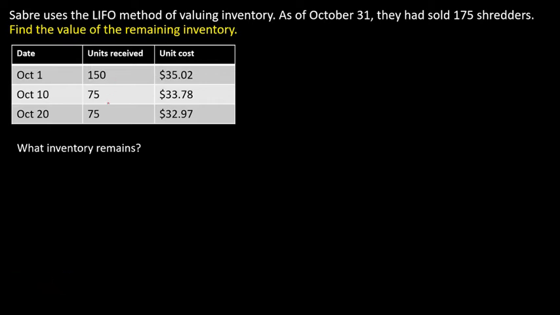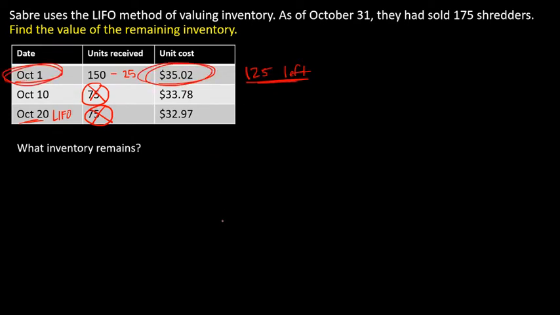So in the last slide, we figured out that since this is the last in first out method, we started with October 20th. We emptied out that box, we emptied out the October 10th box, and then we used, I think it was 25 from the October 1st box. So that means we still had 125 shredders left in stock, and they were all from this October 1st date, right?